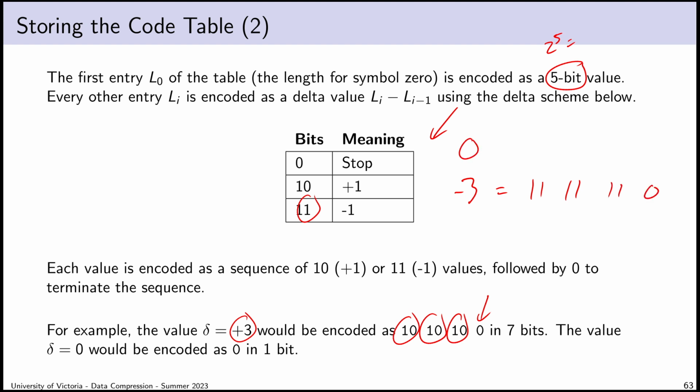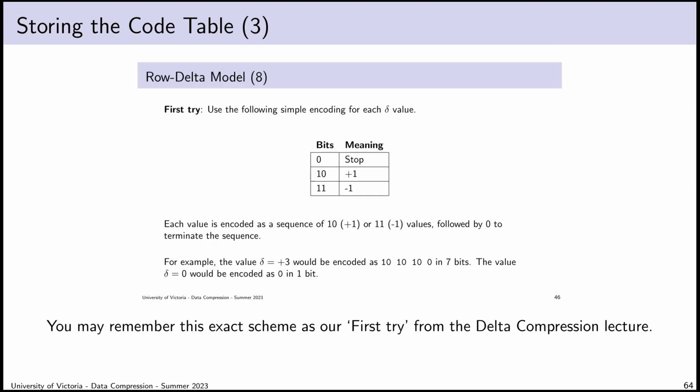If I want to encode the value 0, then I would just say stop. So I stop before counting off anything. So this delta compression scheme allows me to count up, it allows me to count down, and so I can encode both positive and negative deltas, and in general, the representation of a delta value increases in length as the magnitude goes up. So longer deltas are more bits, smaller deltas are a smaller number of bits.